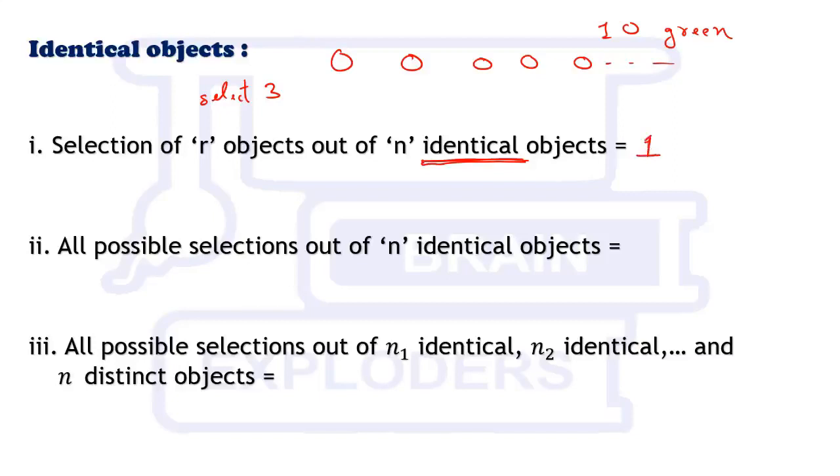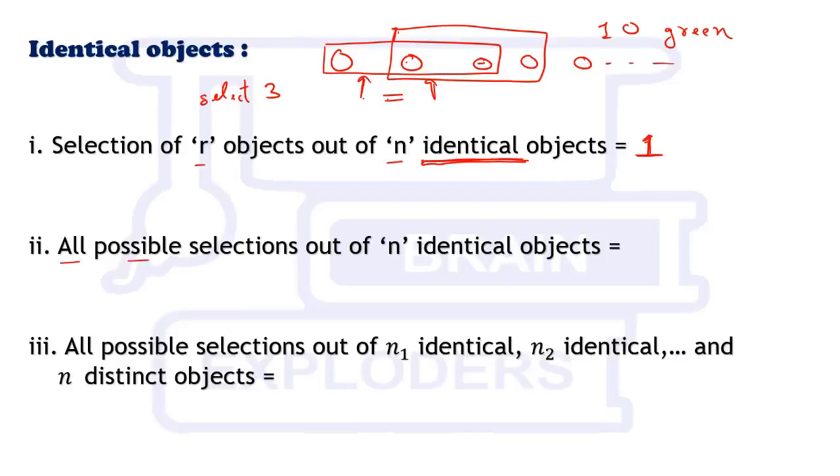Because if we select these 3 or if we select these 3, both cases will be treated as the same, because after selection there will be no difference between these two cases. Why? Because the objects are identical. That's why the number of ways to select R objects out of any n identical objects is 1.